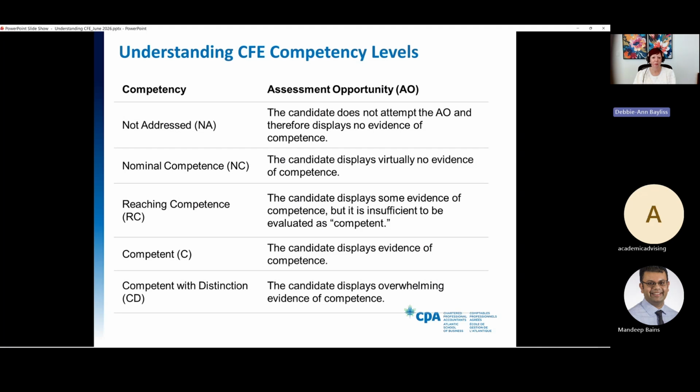NC is nominal competency, and that means that your response was a really superficial attempt and that you did not meet the breadth or the depth requirements. Reaching competent means that you've either met the breadth or depth requirements, while competent means that you've met both of them. Competent with distinction means that you've exceeded those expectations.